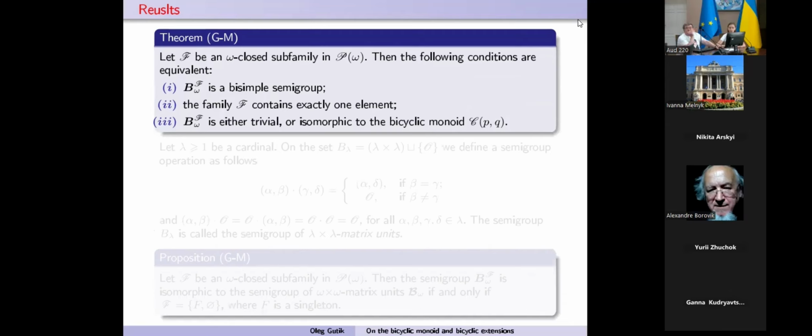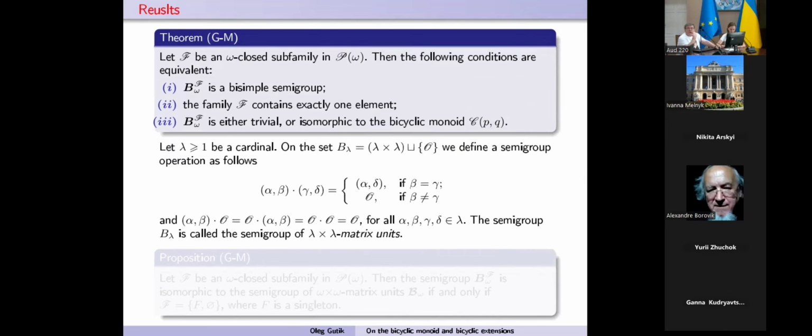If we consider this theorem, we get some properties which show that such an extension is very close to the bicyclic semigroup. The following three conditions are equivalent: B omega F is a bisimple semigroup; the family F contains exactly one element; and B omega F is either trivial or isomorphic to the bicyclic semigroup.